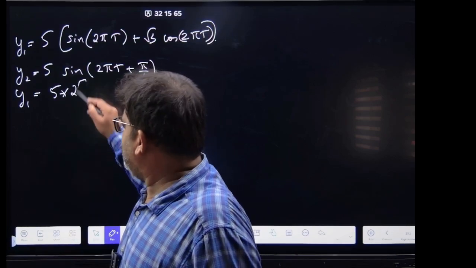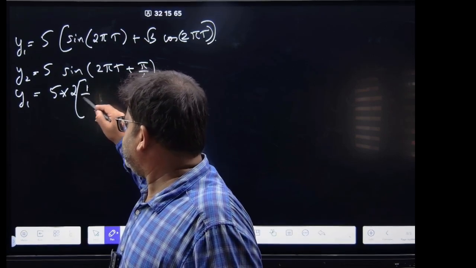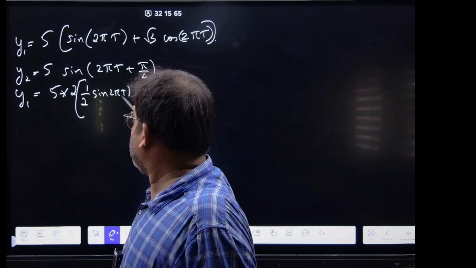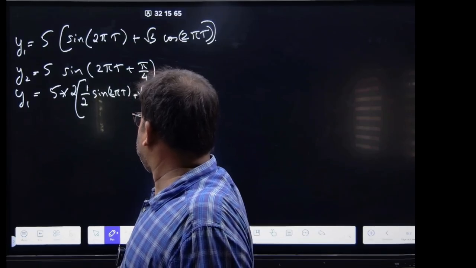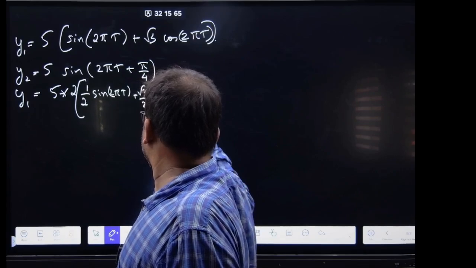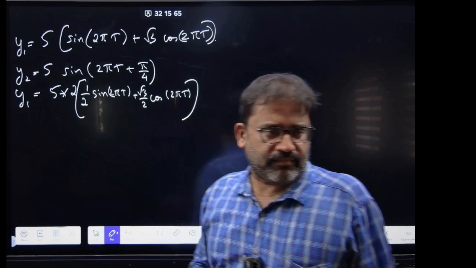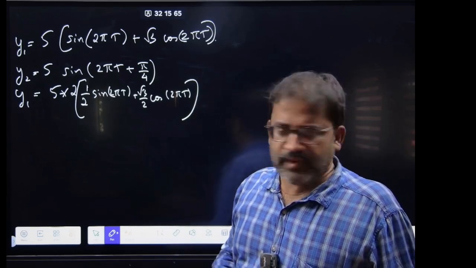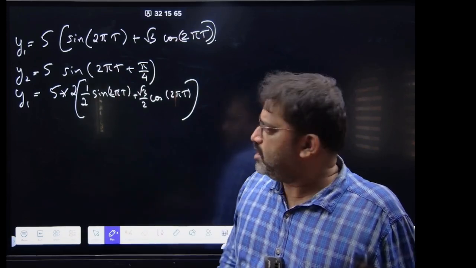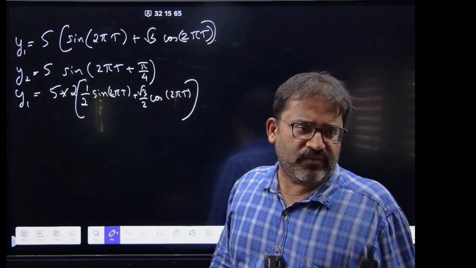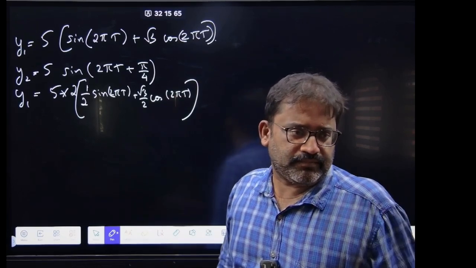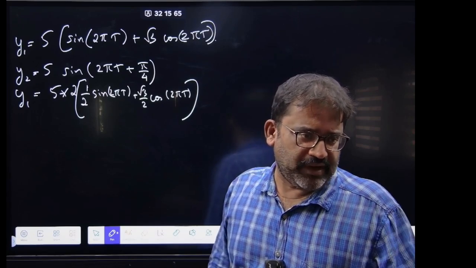Now when I multiply and divide here by 2, I am going to get this as 10 times (1/2 sin 2πt + √3/2 cos 2πt), because 1 by 2 can be taken common and 2 and 2 get cancelled. Now this half I will write as cos of 60 degree, because cos 60 is equal to 1 by 2.